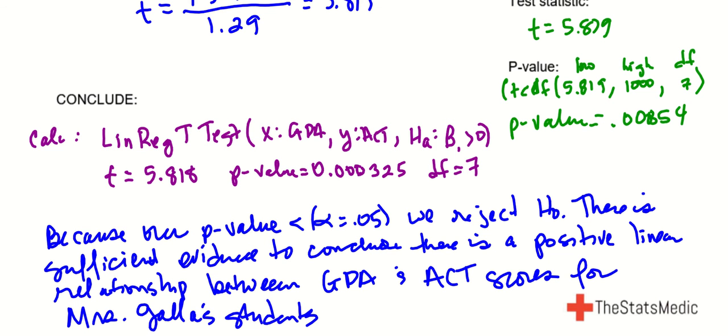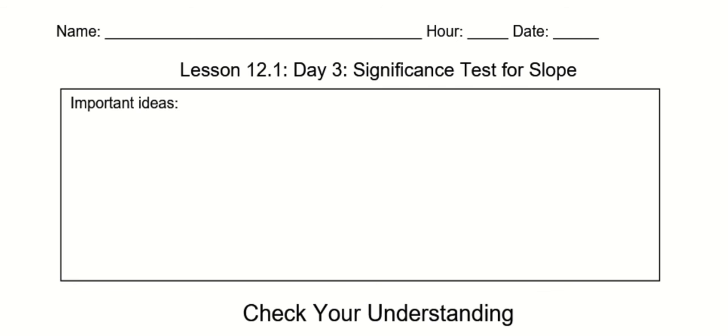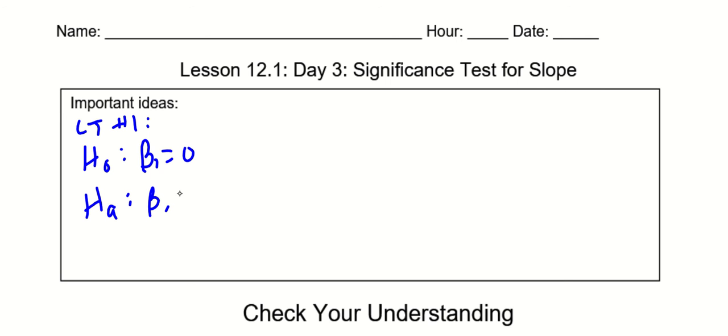Okay, so just to finish up, what are our important ideas? Learning target number 1 would be that when we do this, our null hypothesis is always going to be that the slope is 0. Our alternative hypothesis will always be that the true slope is either not equal to 0, or that true slope is less than 0, or that true slope is greater than 0.